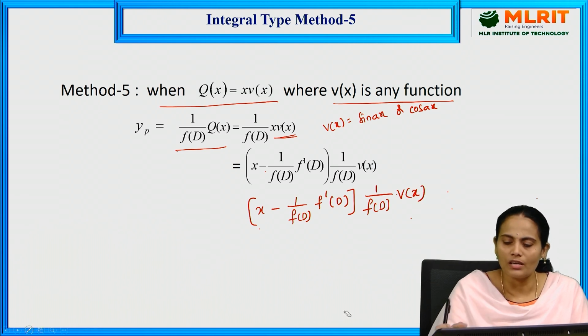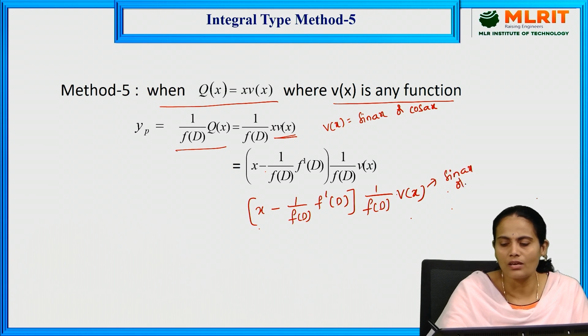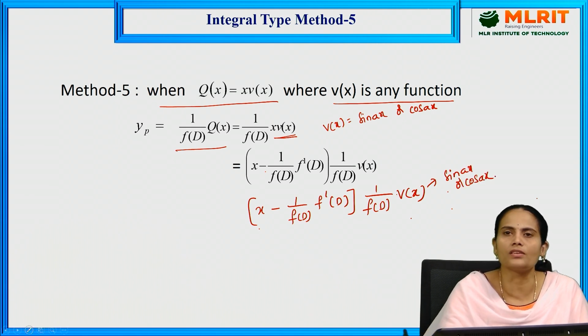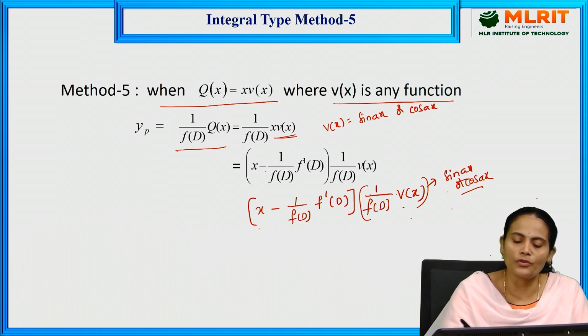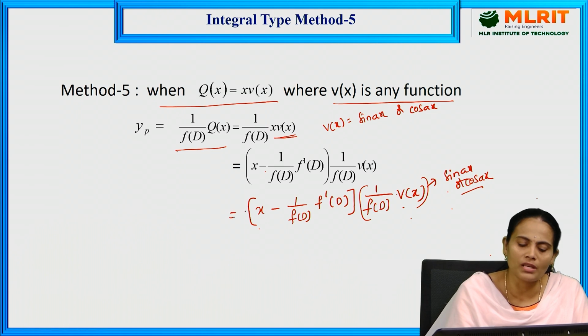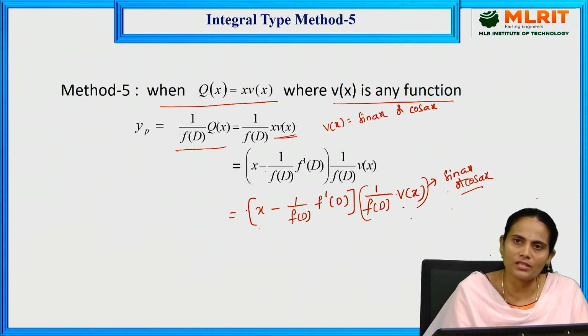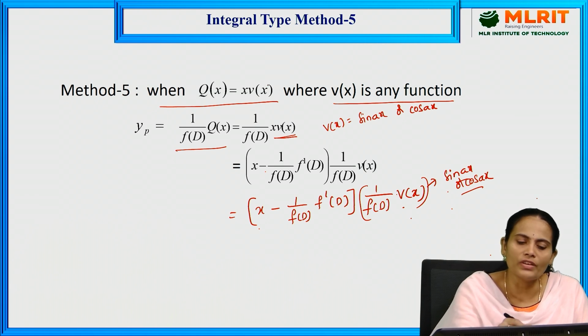Here v of x is sin ax or cos ax, so for 1 by f of d into v of x we have to use method 2, then multiply with each and every term, and again use method 2 to find the yp.